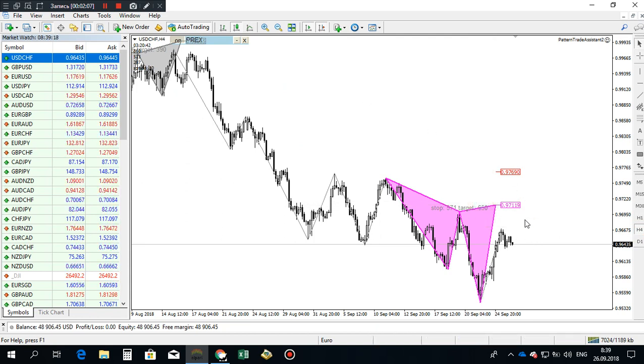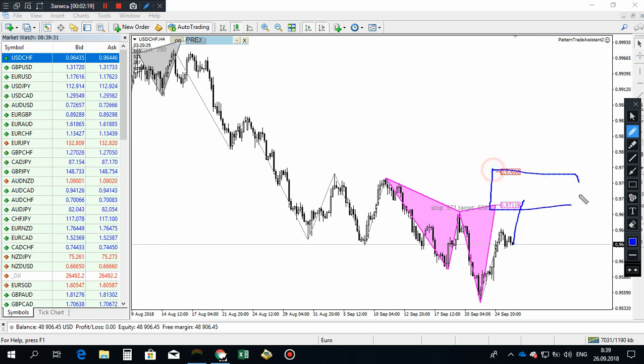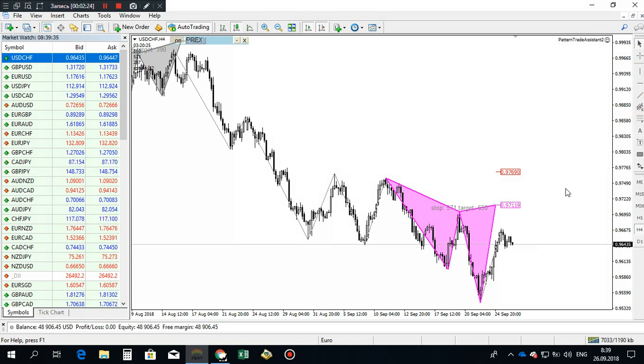This is a good pattern, one of the patterns that has the high probability of a reversal. So wait for price to complete the pattern like this, and somewhere here within this zone, execute short. Use your favorite execution technique, what you tested, what is good for you.